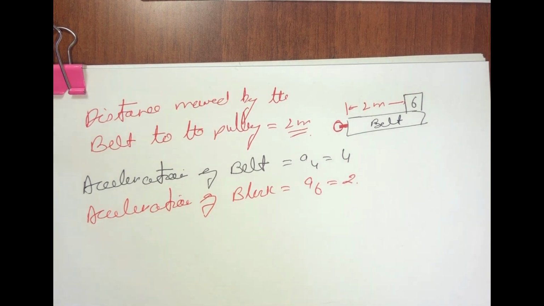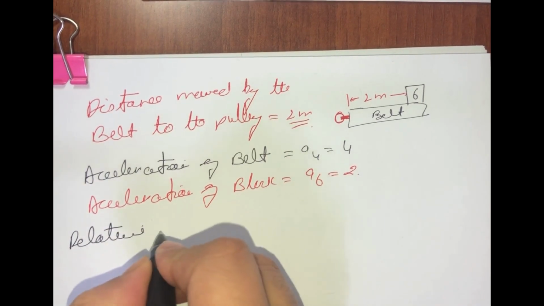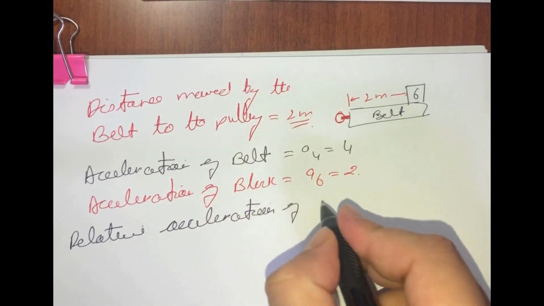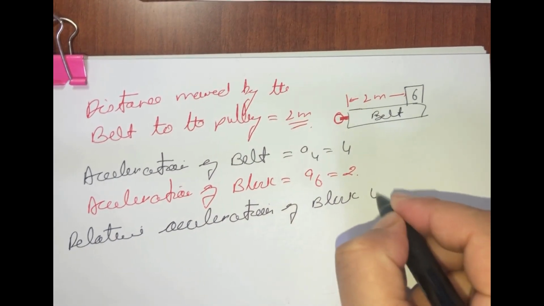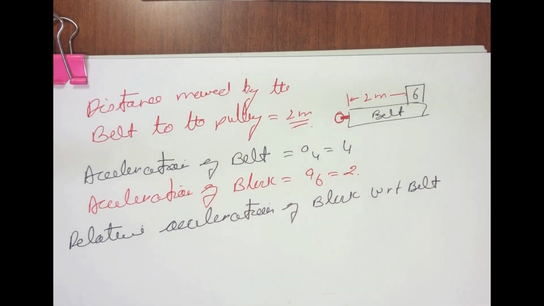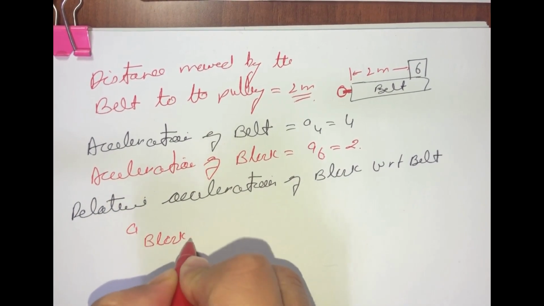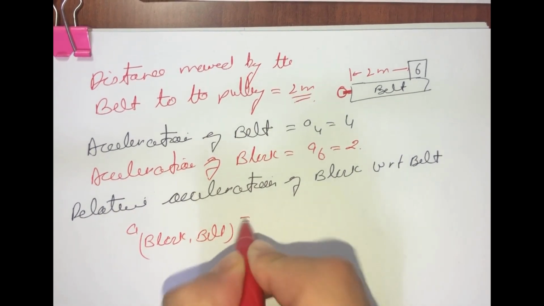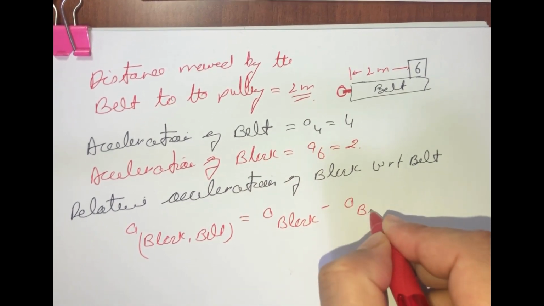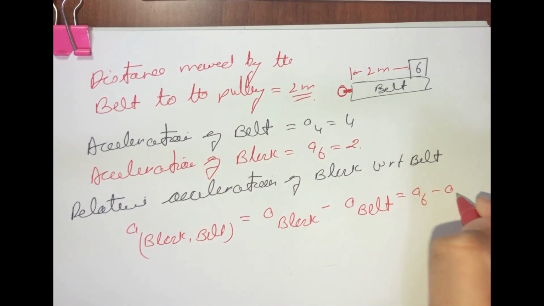So relative acceleration of block with respect to belt. We can write this as a block with respect to belt is equal to acceleration of block minus acceleration of belt, and this is nothing but a6 minus a4.